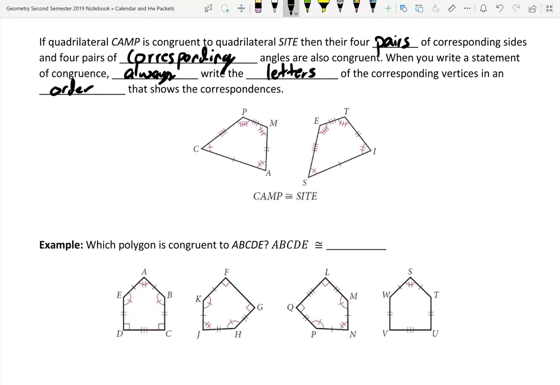So, for example, if I say CAMP, I'm going to say SITE, not TISE, so that C and S are corresponding angles, so they're in the same location. And A and I are corresponding, M and T are corresponding, and P and E are corresponding.